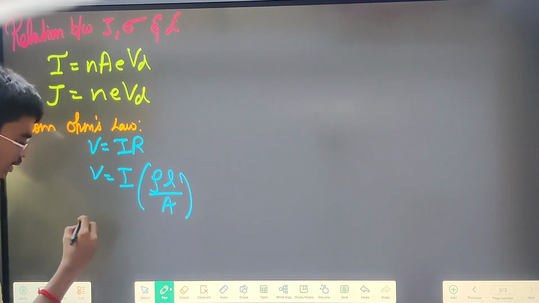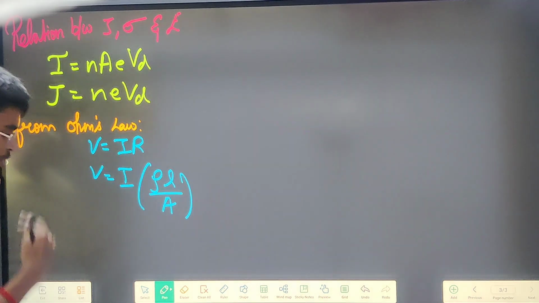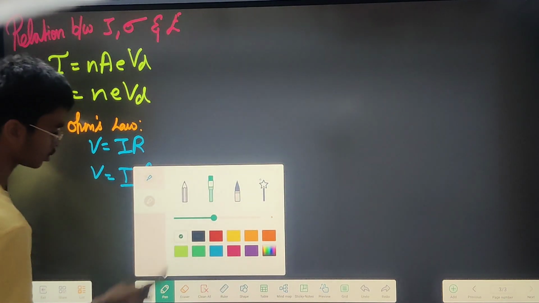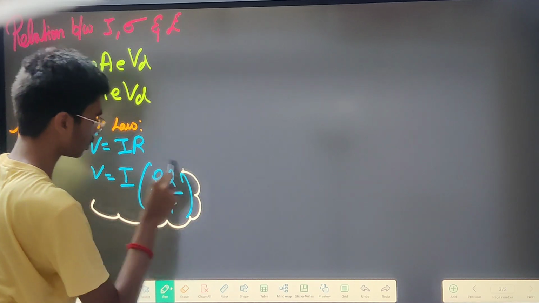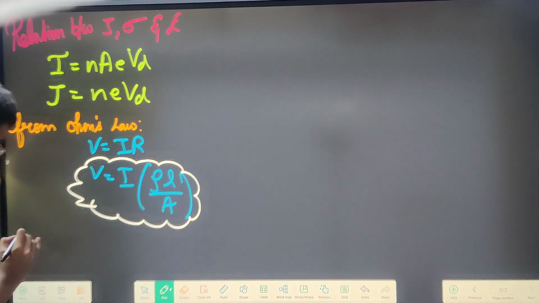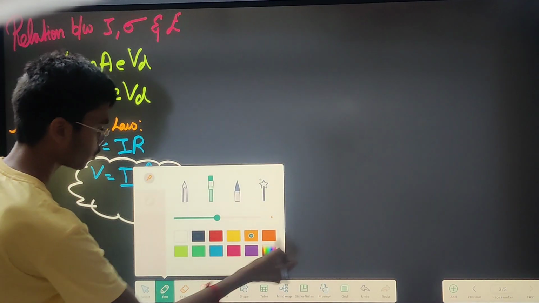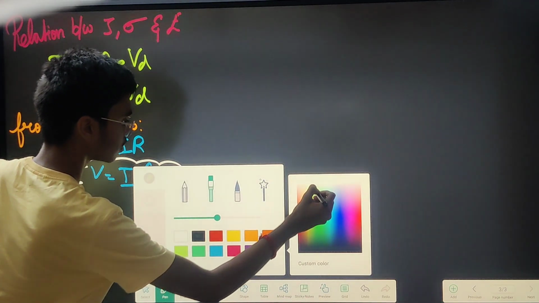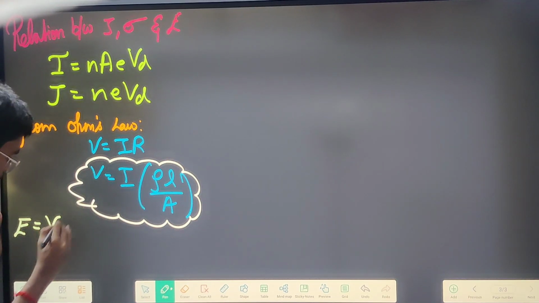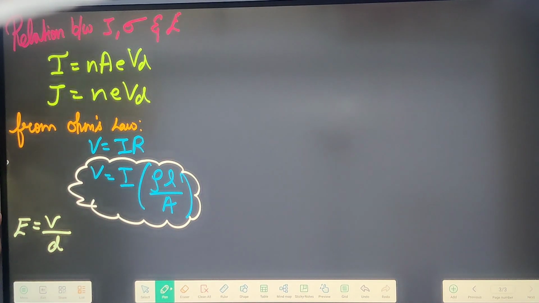From this we can take that E is equal to, not from this, okay, next formula. So next, E is equal to V by D, which is the voltage by distance.